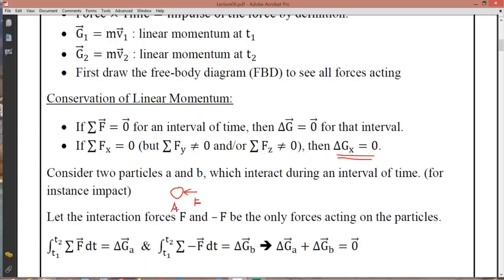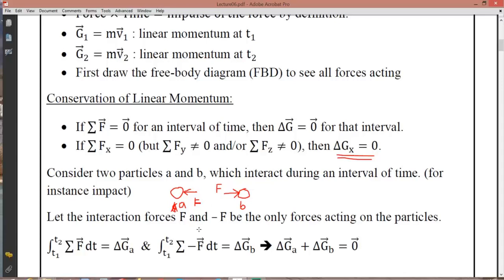This is the free body diagram for A, and then the free body diagram for B. This is the small caps a particle. This is the small caps b particle. In that case, there is an equal amount of force in the opposite direction. If you call this positive, then the other one is negative in the sense of the direction.